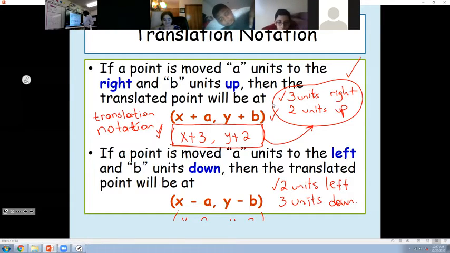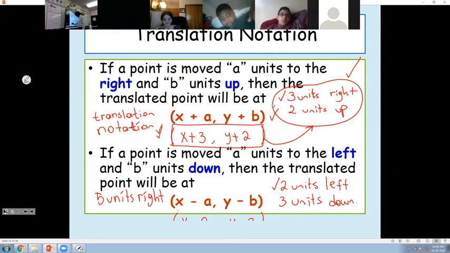So let's do one more. 5 units right and 3 units up. So let's write with translation notation. Okay, 5 units right means that you need to use the x-axis, and you should go towards the right side.